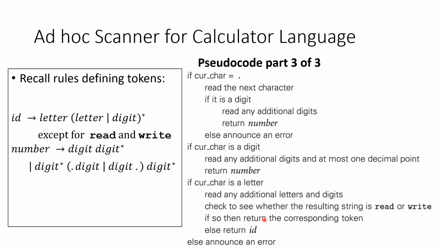If so, then it returns the corresponding token, read or write. Otherwise, it returns the token ID. And in any other case, that is, in the case where the character is not one of these and it didn't lead to any return earlier, then it announces an error.